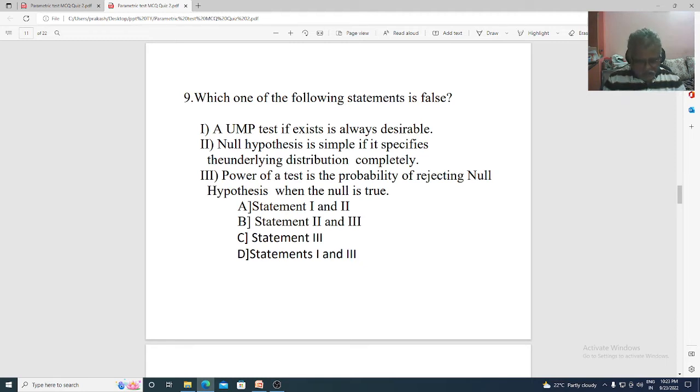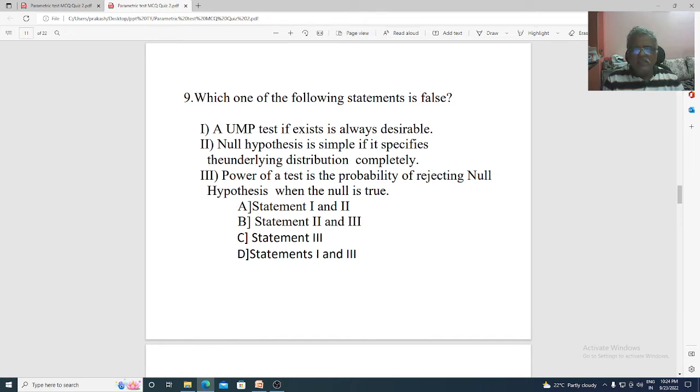Question 9. Which one of the following statements is false? Statement 1. A UMP test exists is always desirable. Statement 2. Null hypothesis is simple if it specifies the underlying distribution completely. Statement 3.